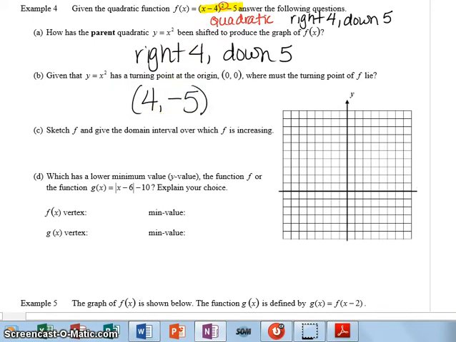Sketch f and give the domain interval for which it is increasing. Okay, so now, if I graph that, my vertex, as I just mentioned in part B, is at (4, -5). And then it keeps the normal pattern of any quadratic.